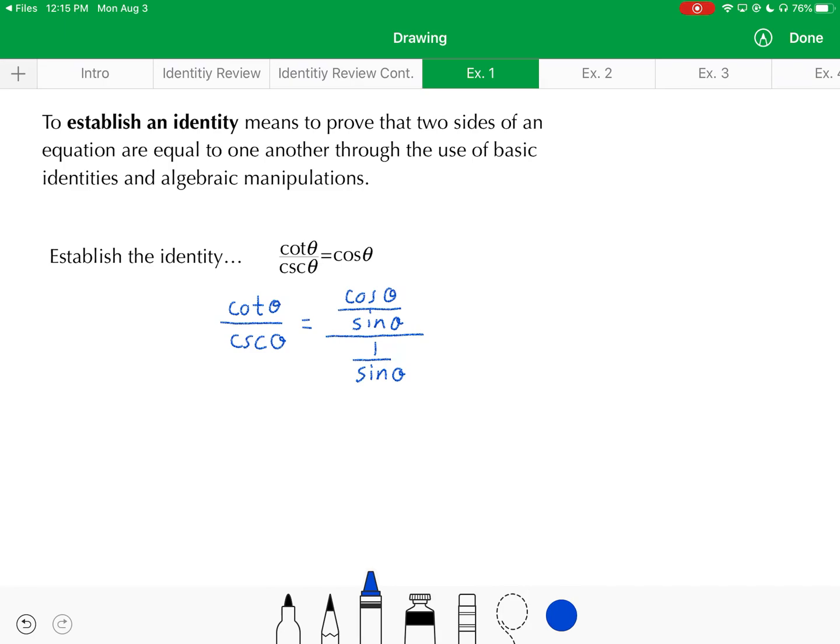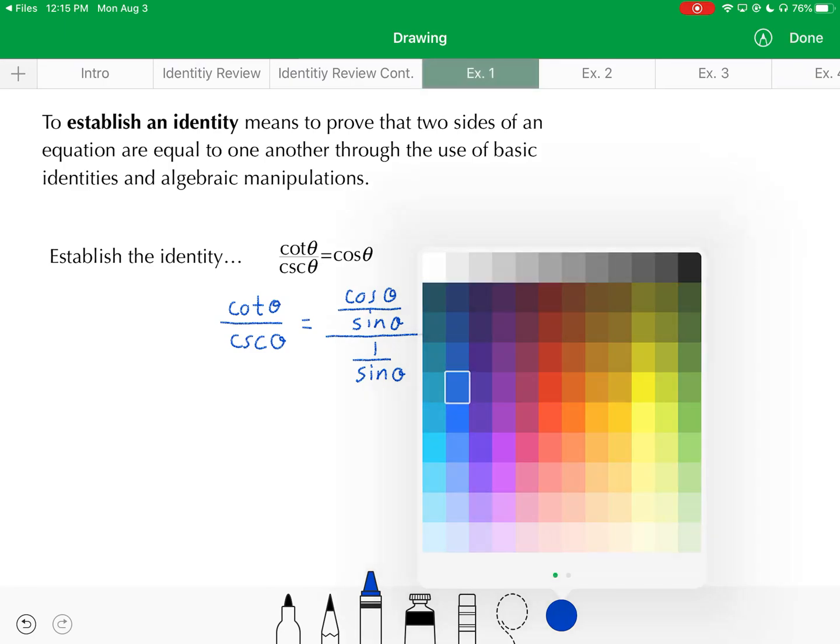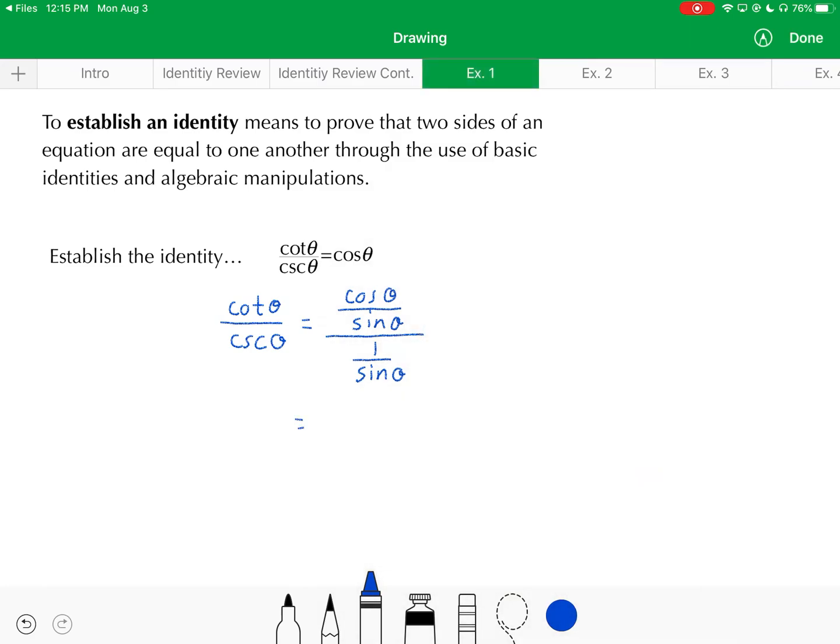Now I just simplify this using some basic algebra. This is a complex fraction, so you have a fraction divided by another fraction. You could just multiply by the reciprocal of the second fraction. So this is equivalent to cosine of theta over sine of theta multiplied by sine of theta over 1.